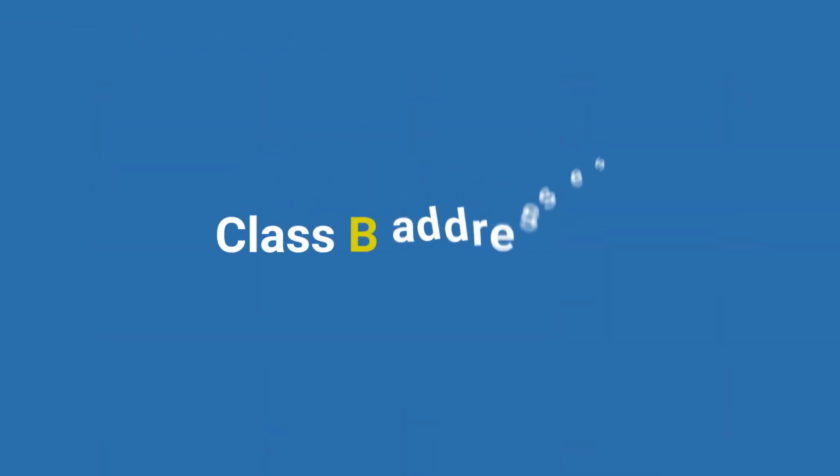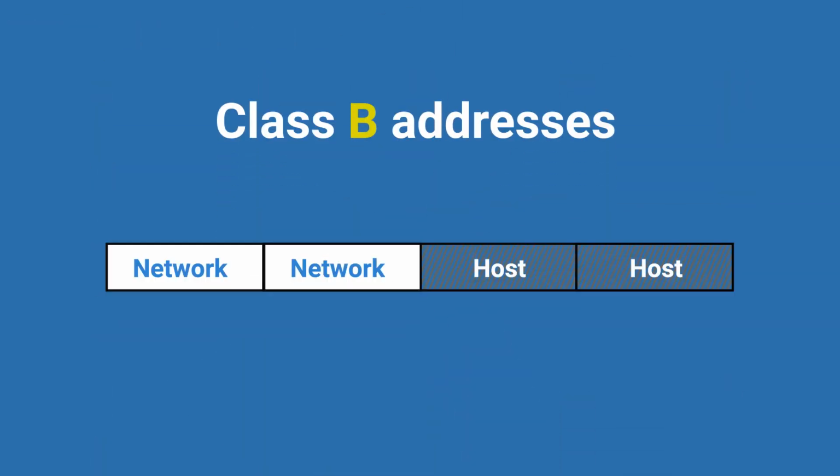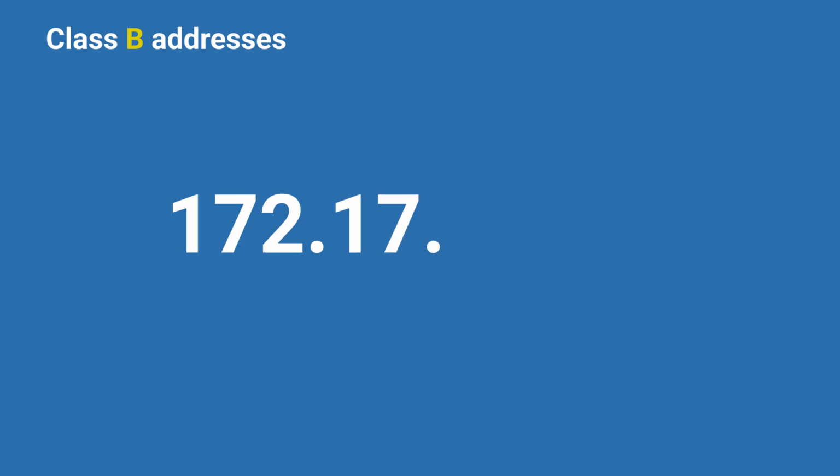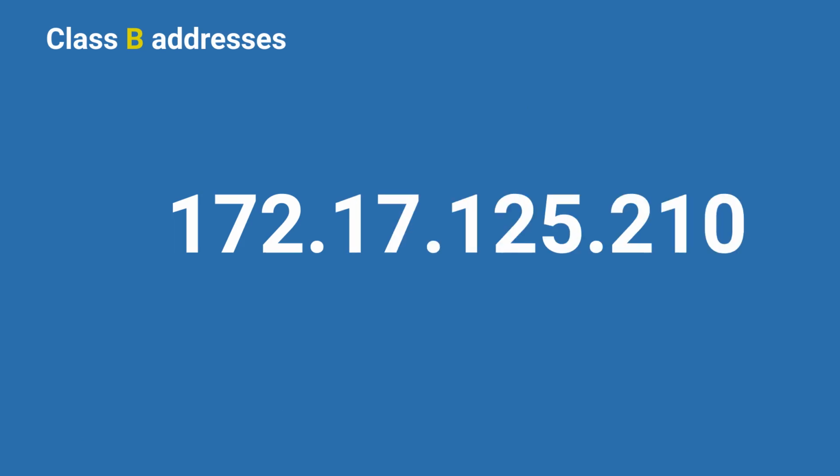Class B addresses. In Class B addressing, the first 16 bits of the IP addresses are used for the network ID, and the final 16 bits are for the host ID. For example, take 172.17.125.210.